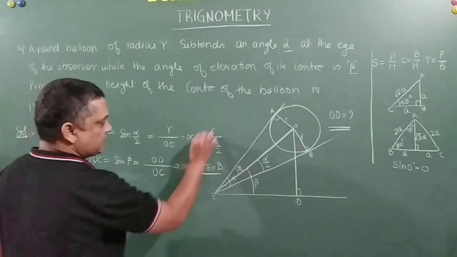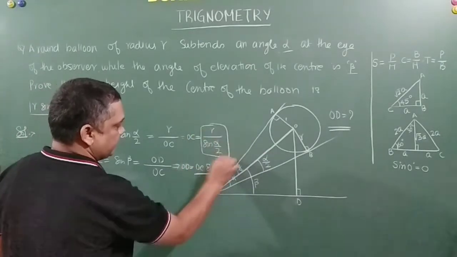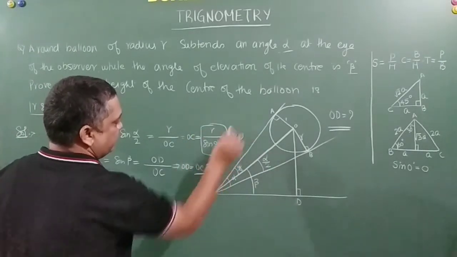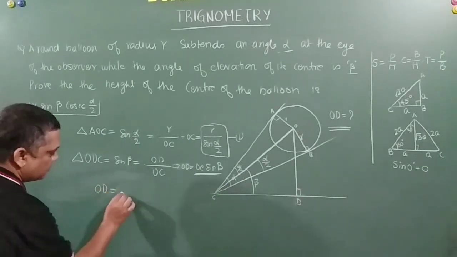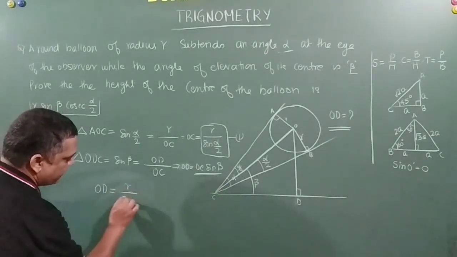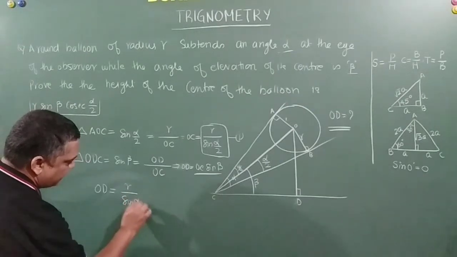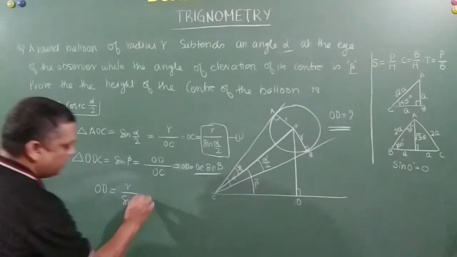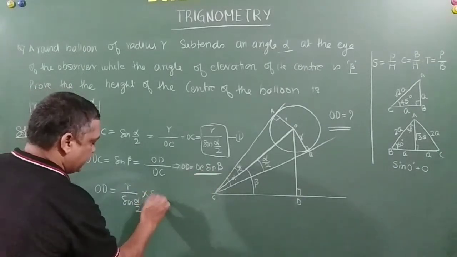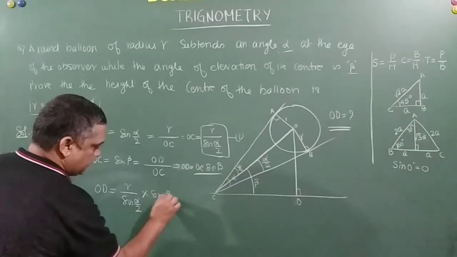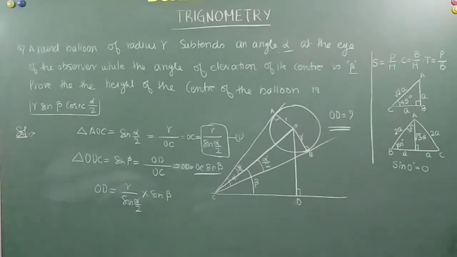Now OC is equal to this. We found it out earlier. So can we write OD is equal to R divided by sin alpha by 2, into sin beta? You all are there with me?